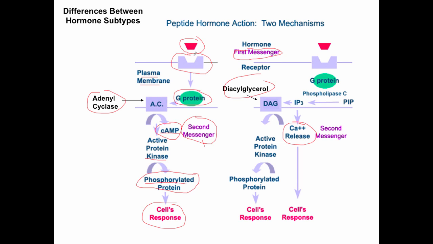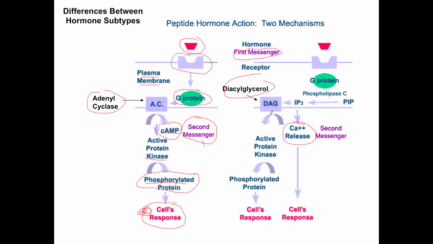So since insulin is going to allow glucose to enter this cell, that's its primary job, what it is also going to do is turn on proteins necessary to take that glucose and store it in the form of glycogen. Okay? And storage of glycogen ends up being the cell response that we're talking about.